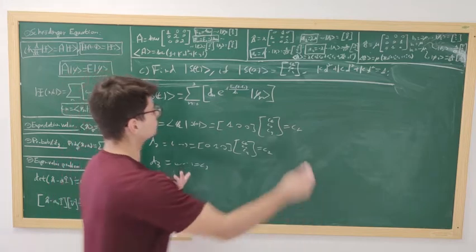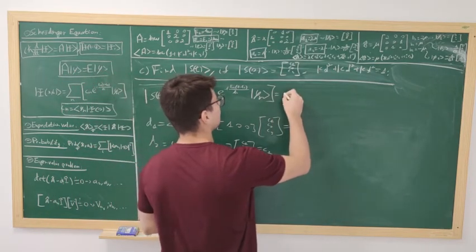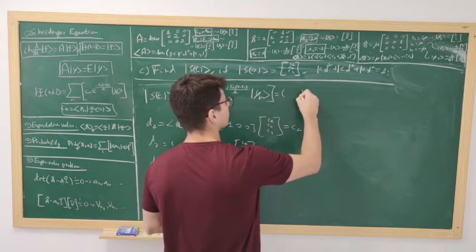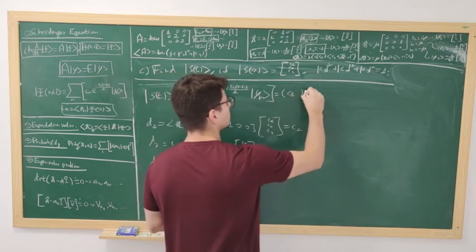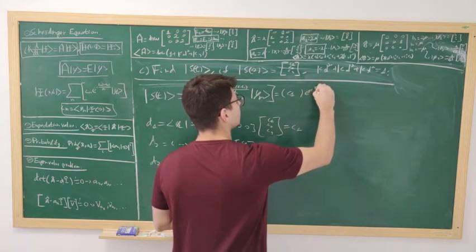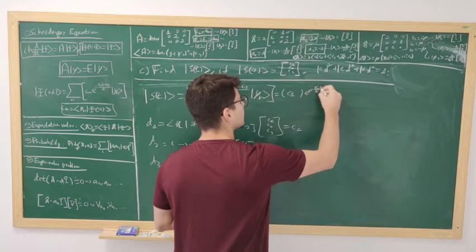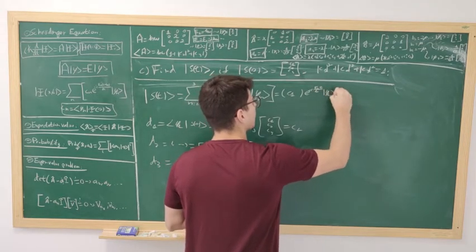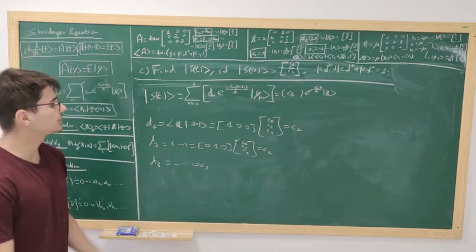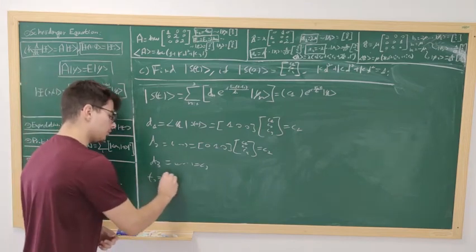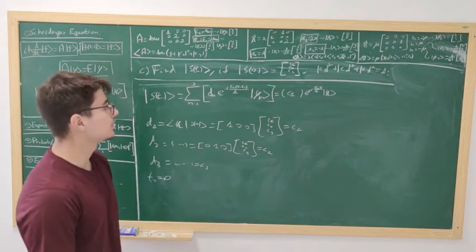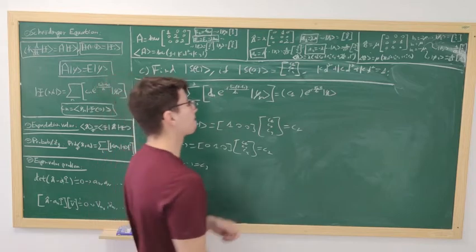So we can just expand this sum as D1. Well, D1 is just C1, so e to the minus i E1 t over h bar times phi 1. And notice that I have not written t0 because in our case t0 equals 0, right? We're at the initial time 0.